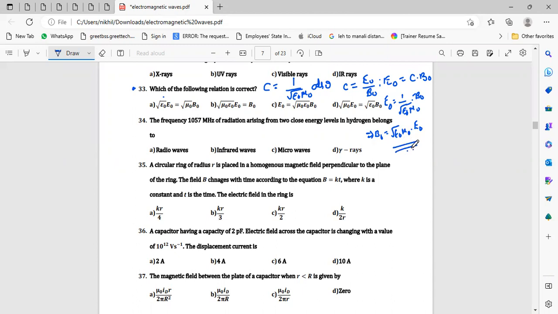So B naught is equal to root of epsilon naught into mu naught into E naught. So which is there in option B. So option B is the right answer among the relations between E naught, B naught and epsilon naught and mu naught. Clear?